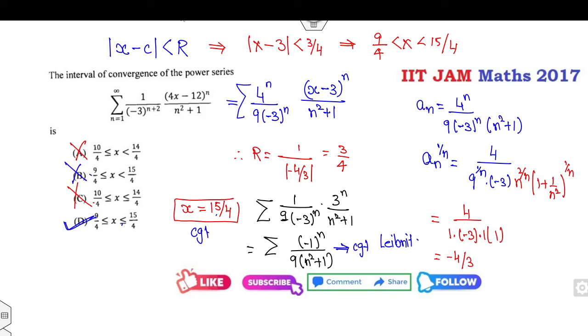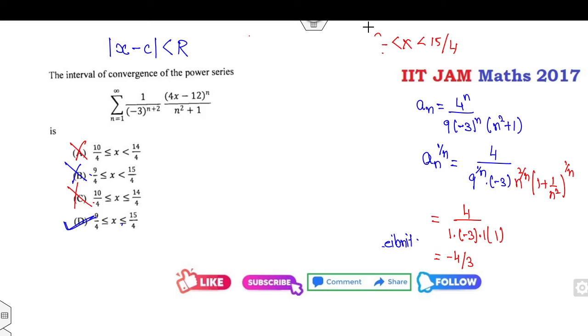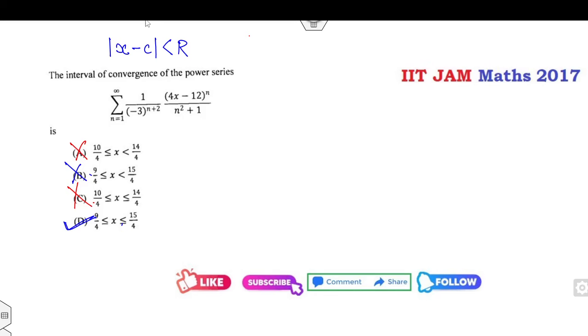You can solve it with a very lengthy procedure. But what is the second method? The second method is, instead of finding the radius of convergence, just look at the options. Fine. Now you can see 14 over 4 and 15 over 4. So firstly, I can check 14 over 4. I can substitute this value in the given series. This will be 1 over 9 minus 3 raised to power n, 14 over 4 minus 3 is 2 raised to power n over n square plus 1.